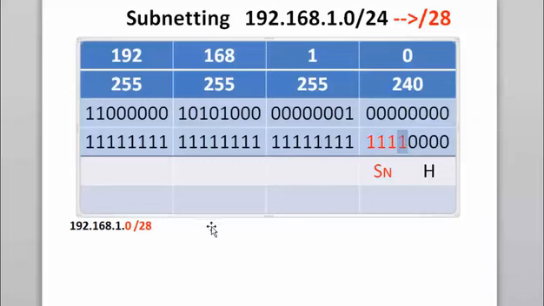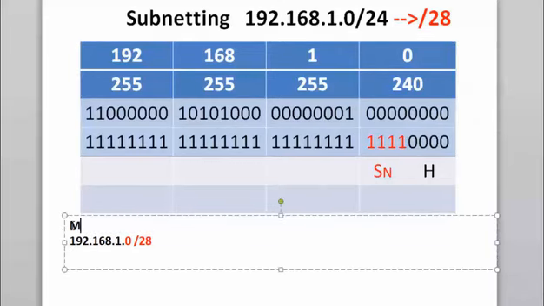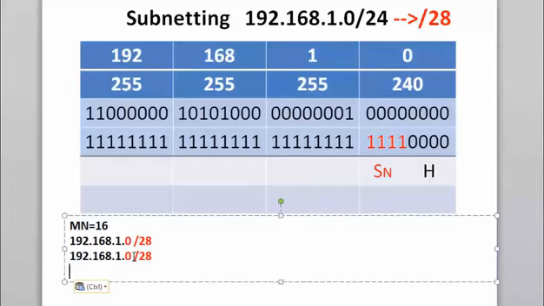So the magic number is 16. We'll see that the networks go up by 16. The first network is always 0, so 192.168.1.0/28. I'll copy this and paste it, and the next network will be the 16 network. Why?